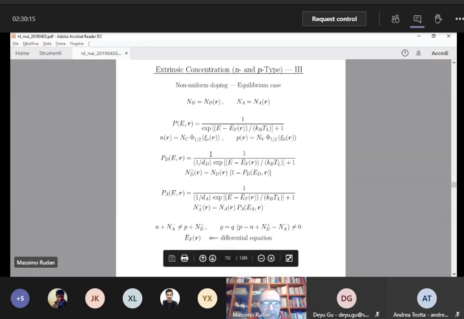If you look at the Fermi statistics here, you see that the only change is that instead of having the exponential of E minus the Fermi level, we have the exponential of the difference of the energy minus a function of position that we call EF with the bar on top.